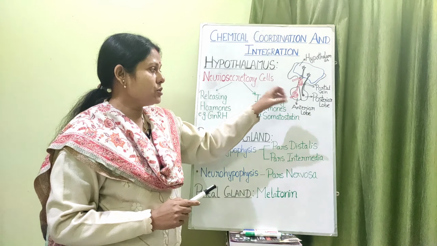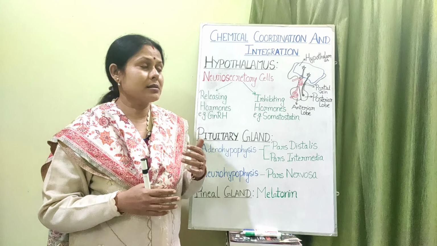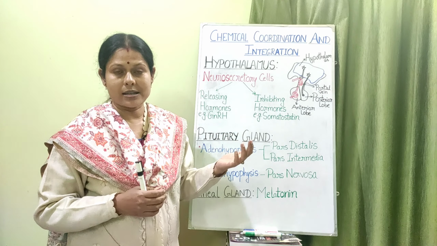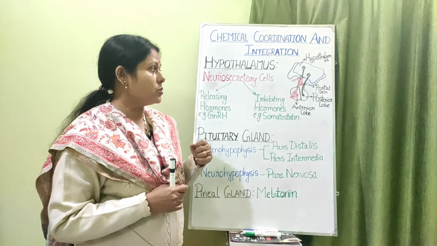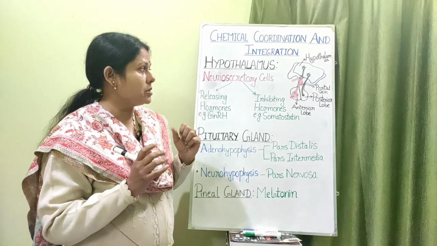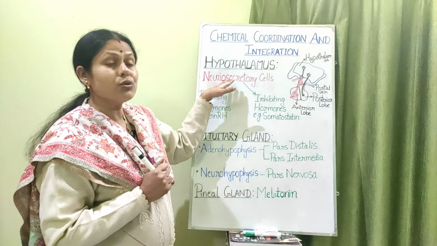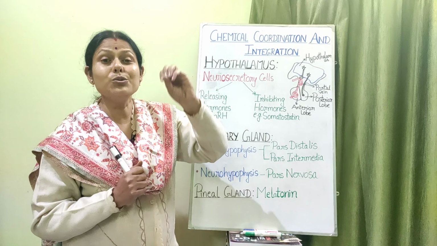This pituitary gland is further divided into various segments, the anterior lobe and the posterior lobe, and of course the anterior lobe has its parts and the posterior lobe has its parts which secrete hormones. But what we have to learn from here is that the hypothalamus has certain neurosecretory cells. These are called neurons, or nuclei rather.